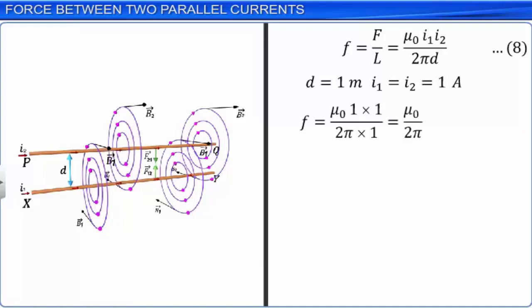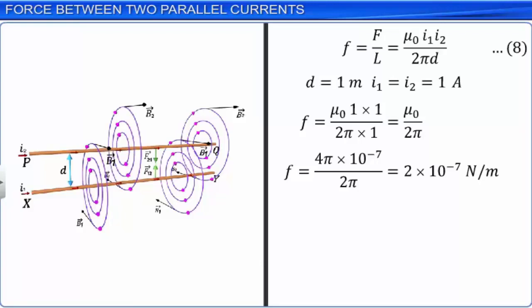On substituting the value of mu naught, which is 4 pi into 10 power minus 7, we get F equal to 2 into 10 power minus 7 Newton per meter. Thus, if two straight parallel conductors of infinite length, separated by a distance of 1 meter in vacuum, exert a force of 2 into 10 power minus 7 Newton per meter on each other, then the current passing through each conductor is said to be 1 ampere.